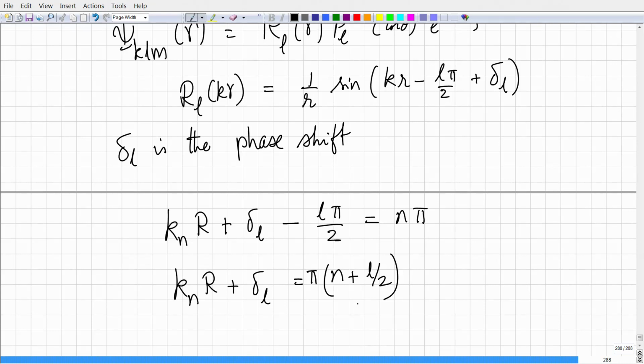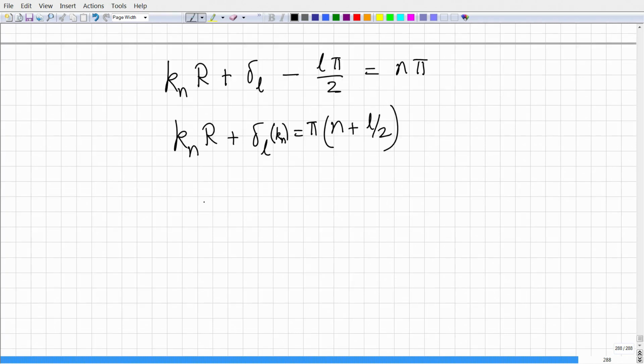So, what I have is a phase shift of the wave, which depends upon k_n. My new solution will just be phase shifted spherical Bessel functions in the large r limit.